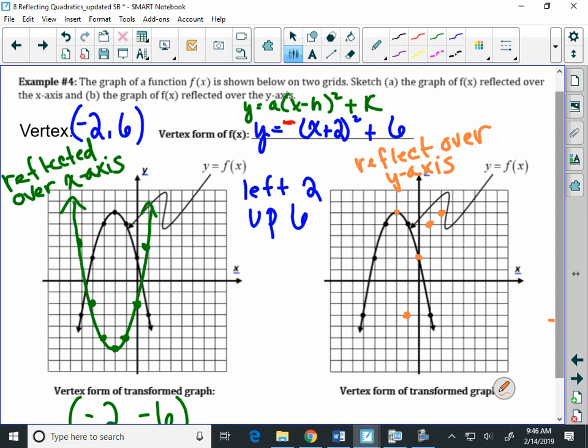The point -3, 5 is going to flip over the y-axis and land here at +3, 5. The point -4, 2 is going to flip over the y-axis and end up at +4, 2.